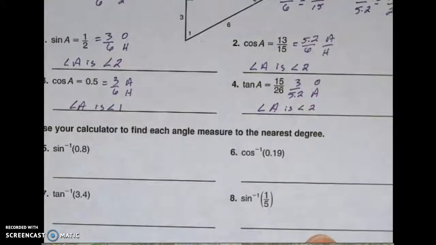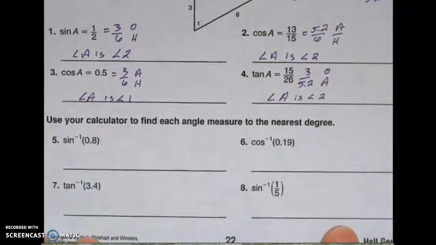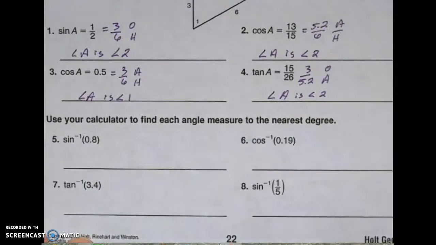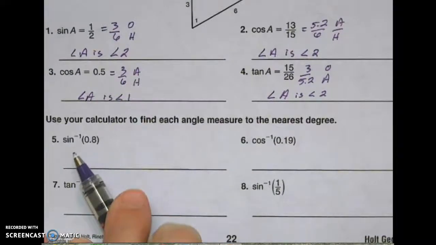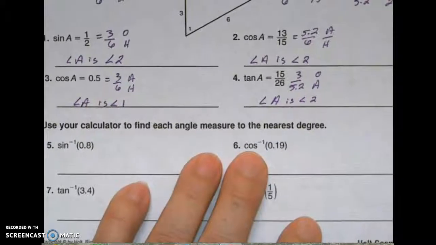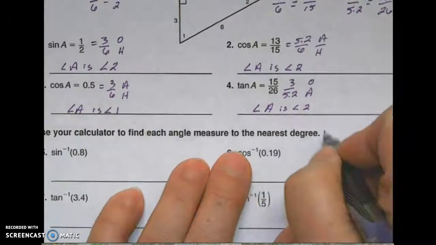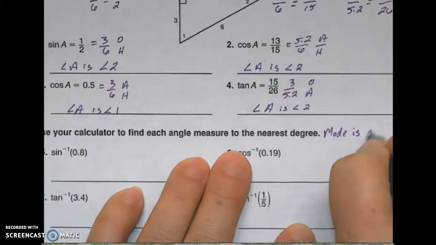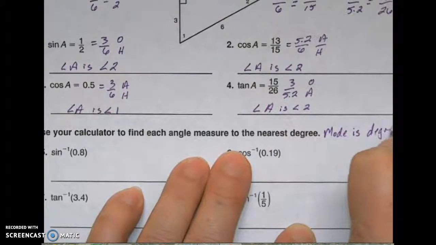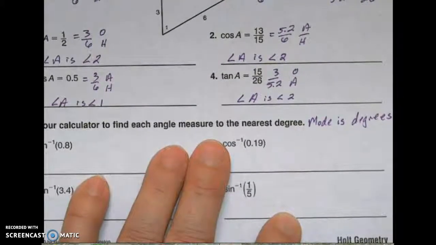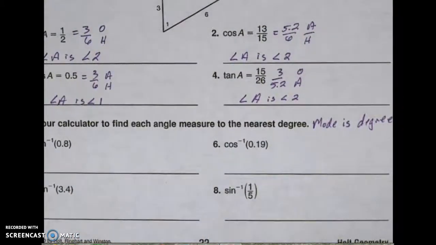Questions 5, 6, 7, and 8 are just number crunching, where you're using your inverse button, which means using that second button, and you're just putting these in your calculator. Please make sure before you do these that the mode of your calculator is in degrees. If your mode's not in degrees, you won't get the right answer for those questions.